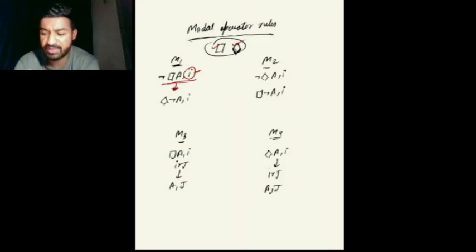Now what is meant by this? We can try to understand them by using natural language. See, saying that not the case that box A in world I, that's like saying that this pen is necessarily not black, right?